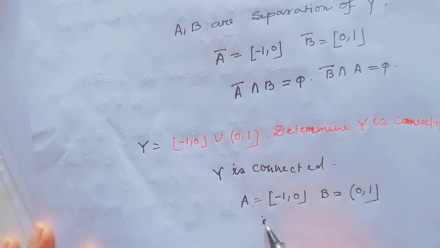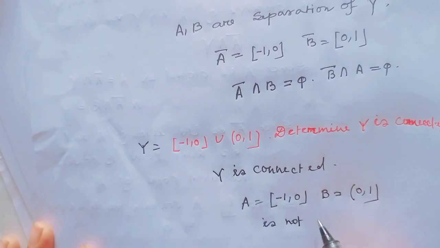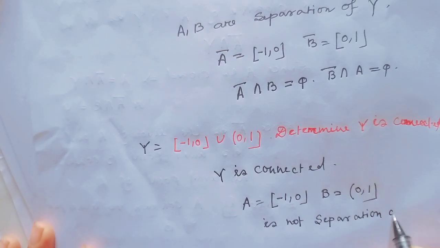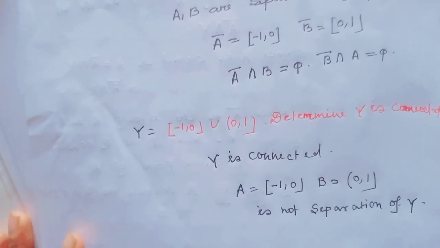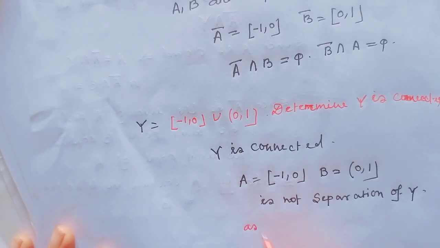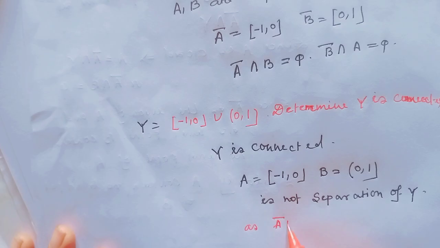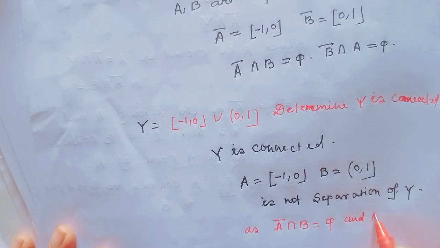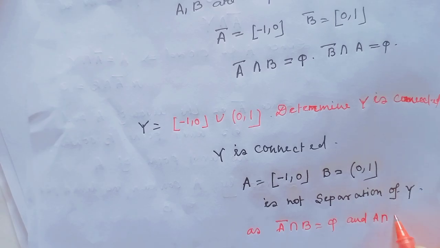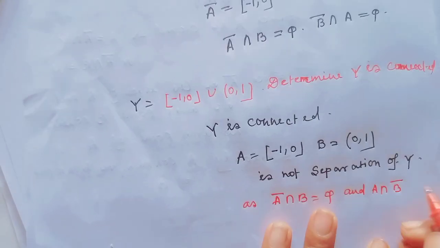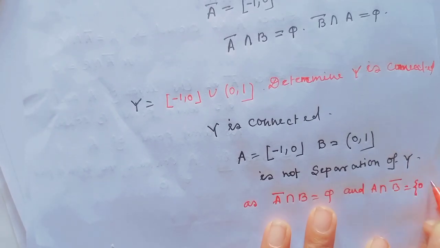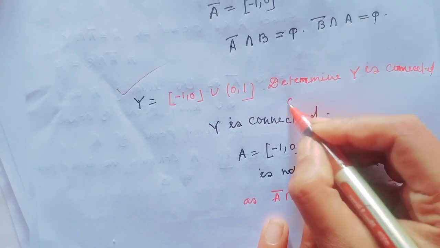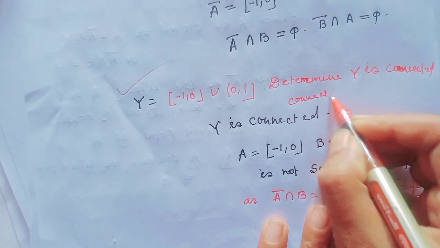This is not a separation of Y, as A closure intersection B equals phi and A intersection B closure equals the singleton set {0}. So this set is a connected set.